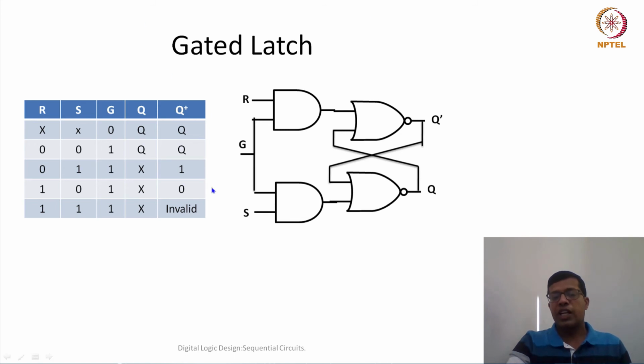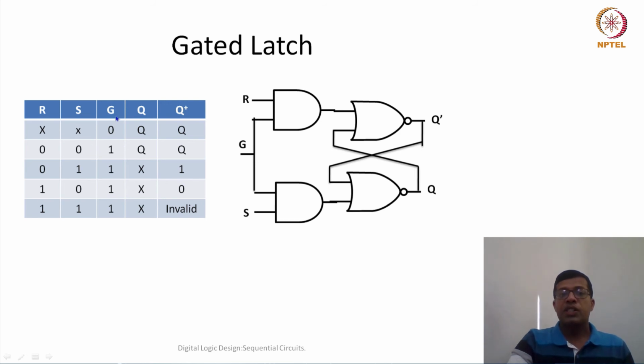So in other words, I can write the state table like this: if G is 0, it doesn't matter what the value of R and S is. My next state is going to be the same as the previous state. My output will not get modified.